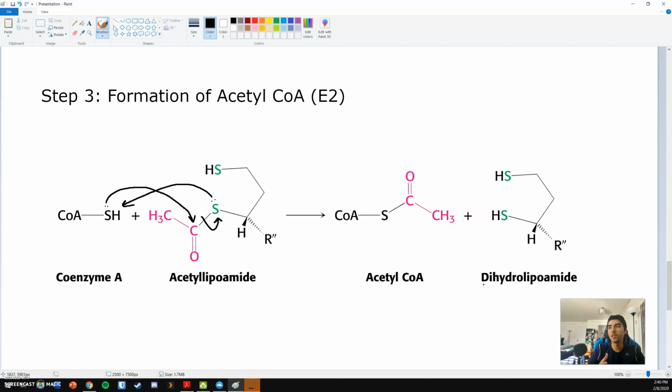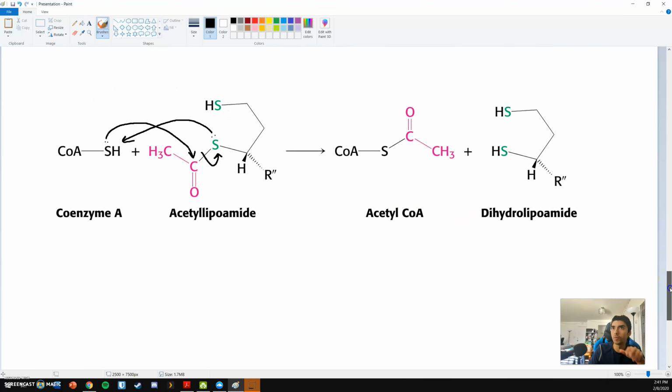But we need to consider that we need to try and go into this pathway as many times as possible in order to ultimately go through the citric acid cycle. So as we saw reformed the TPP, we need to recycle this back into the lipoamide.